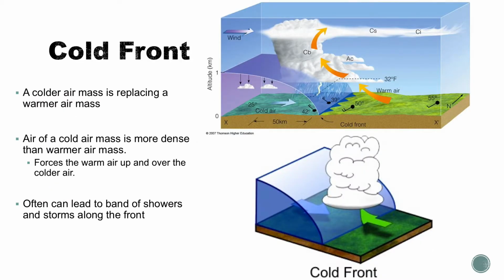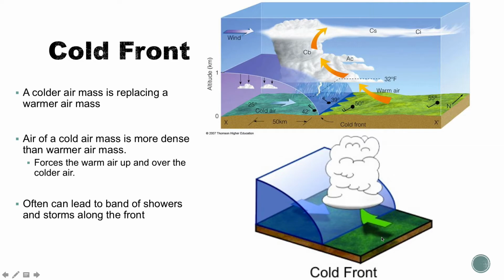Probably the most common front that you'll hear about is a cold front. That's where a colder air mass is replacing a warmer air mass. So think about that continental polar air mass from the north coming down and replacing our tropical air mass here in the southern United States. So basically what you get is you get this dome of cold air because it's more dense, and it pushes that warmer air up and over that dome.